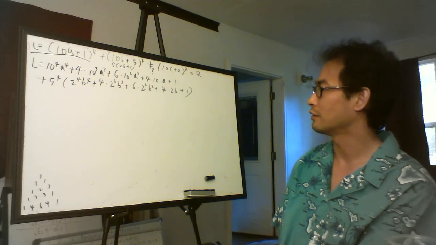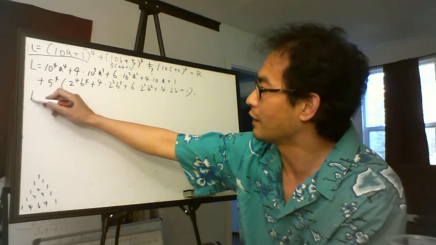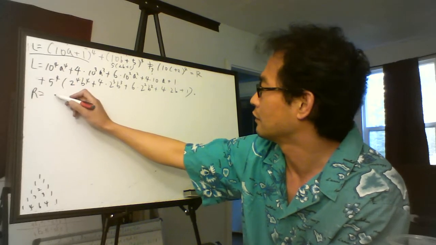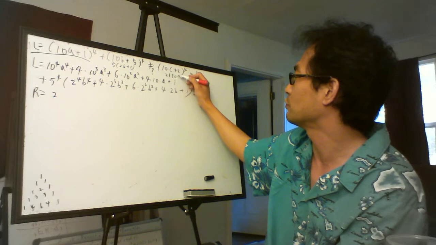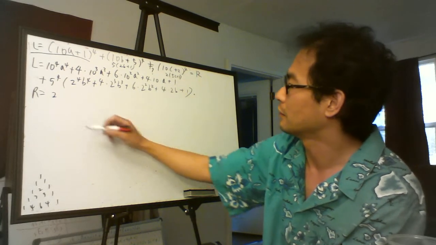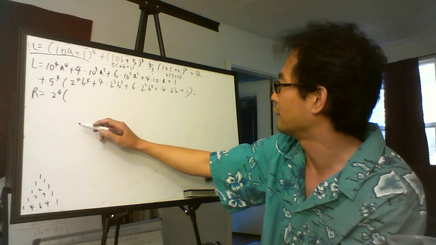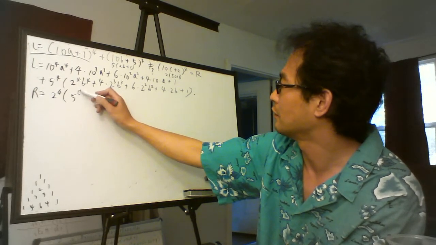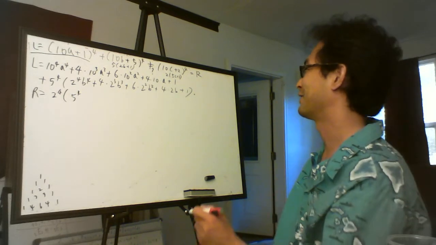Now, right hand side. This is 2 times 5c plus 1, right? To the fourth. My shoulder is sore.